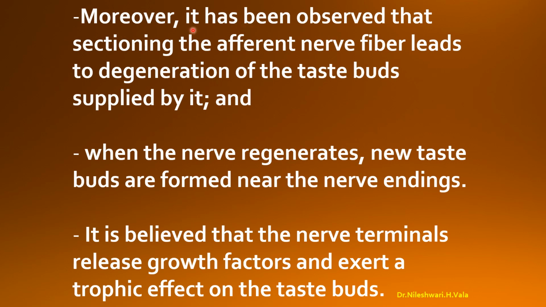It has been observed that sectioning of the afferent nerve fiber leads to degeneration of the taste bud. And when the nerve regenerates, new taste buds are formed near the nerve endings. It is believed that the nerve terminals release a growth factor and exert a trophic effect on the taste buds.